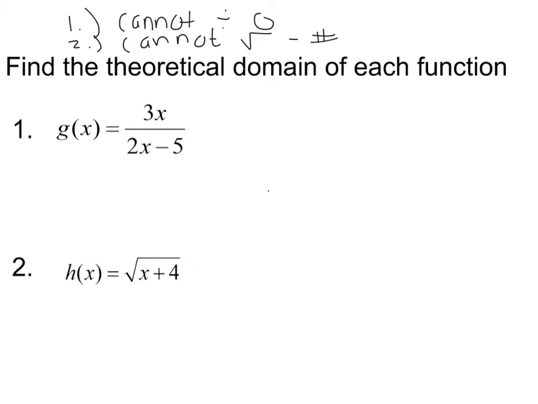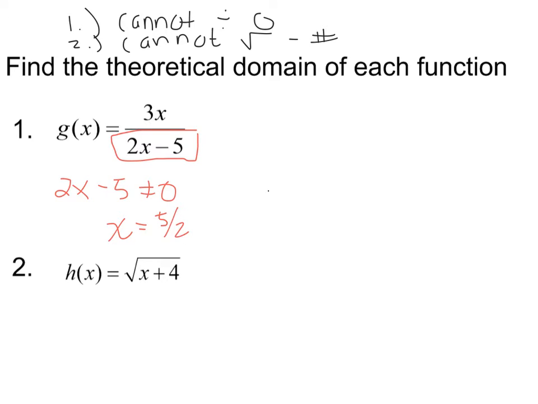So if we look at number 1, we realize that if we were to divide by 0 here, we would have an issue. So 2x minus 5 cannot be equal to 0, because if it is, we're dividing by 0 and breaking one of our big math rules. So when I solve this equation by adding 5 to both sides and dividing by 2, I find that x cannot be 5 halves.